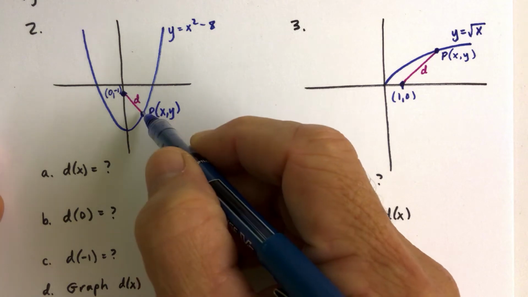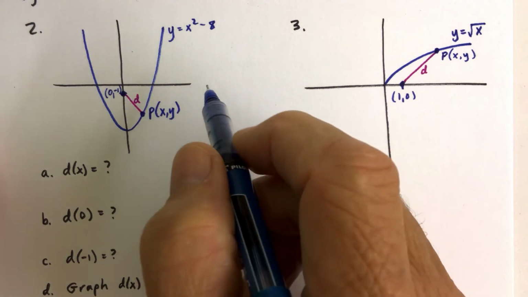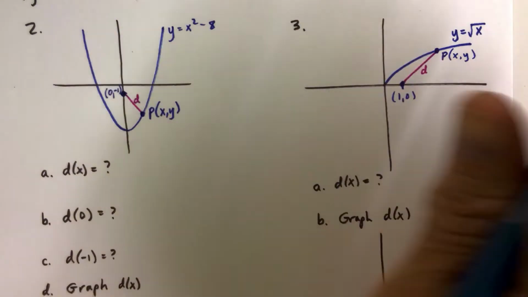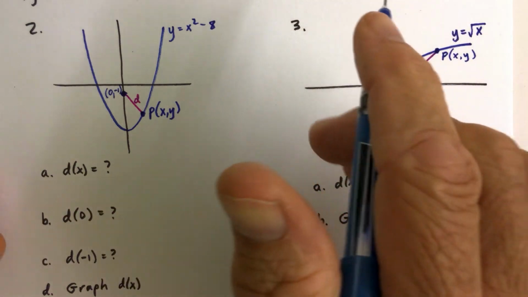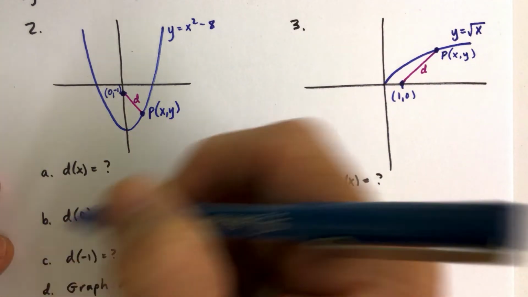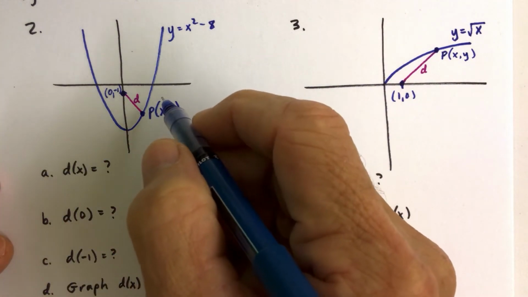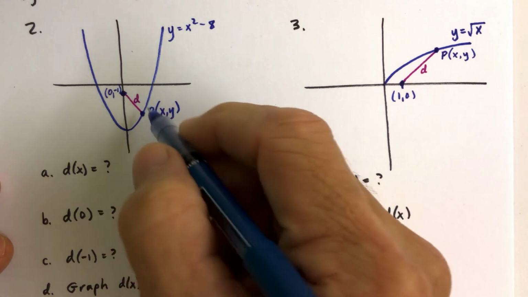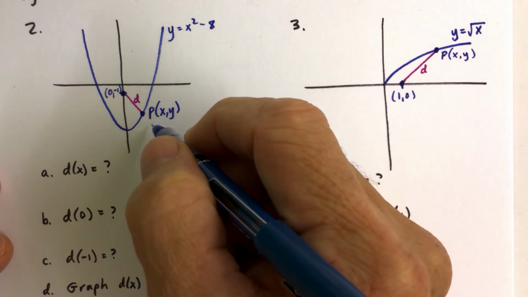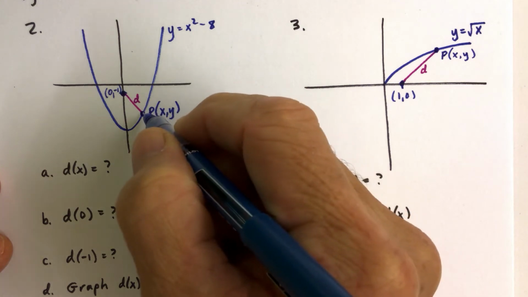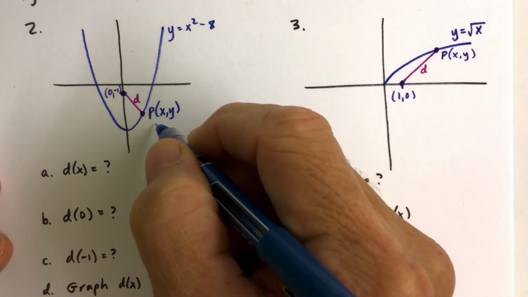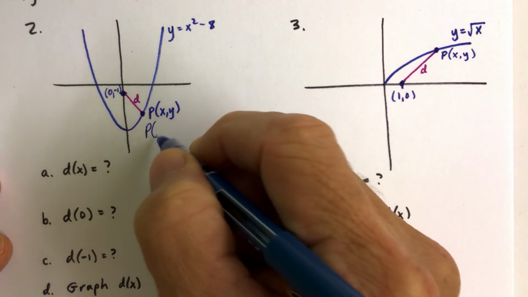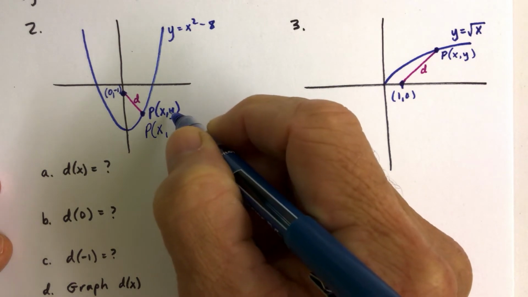So I labeled that here. And that's what you need to do before you start trying to do anything as far as answering A through D. So if we think about the distance d as a function of x, it would be helpful to express the coordinates of point P as a function of x as well. So we're going to change that y right there.